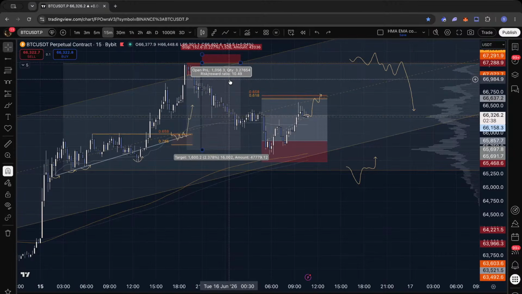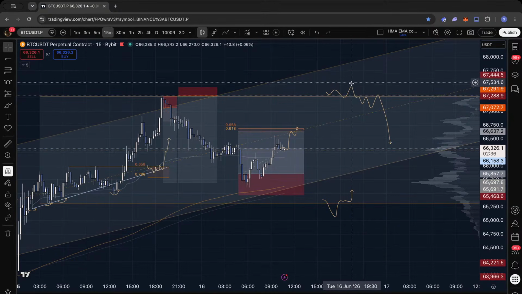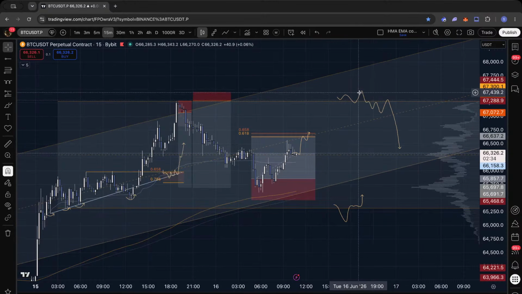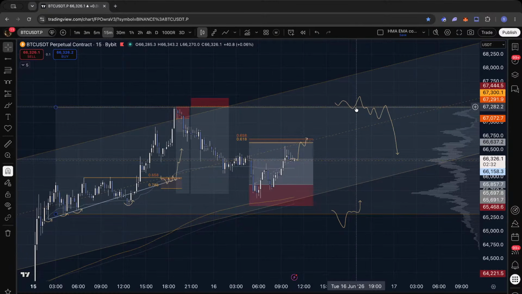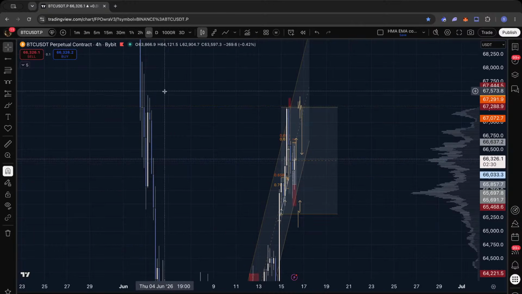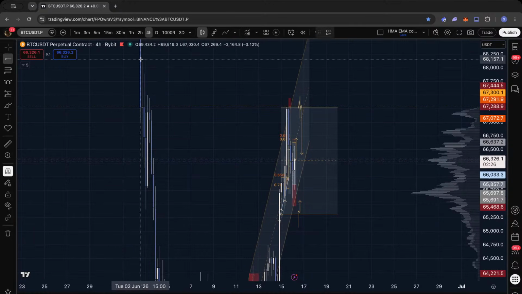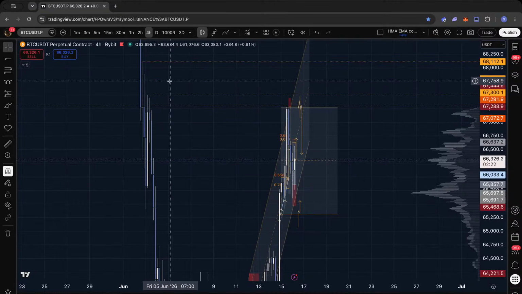That's why I'm saying that we might get a higher push than 67,200, and actually we can go here to 68,200. But definitely this is an area where the market might be met with some resistance.